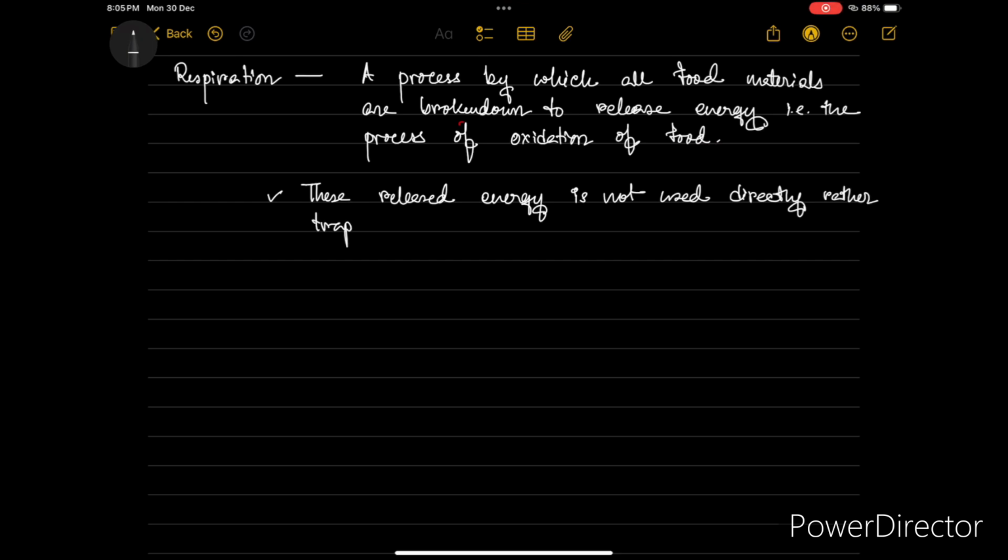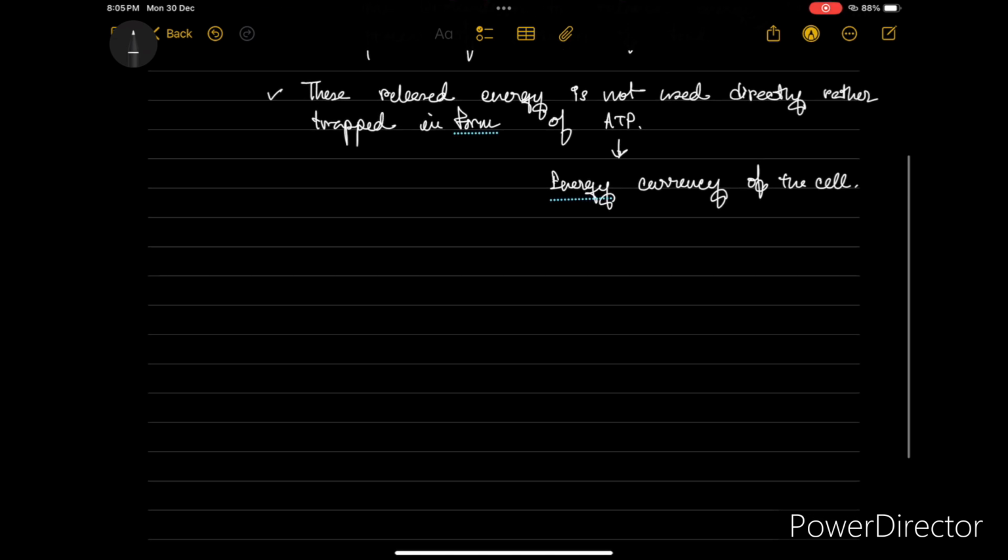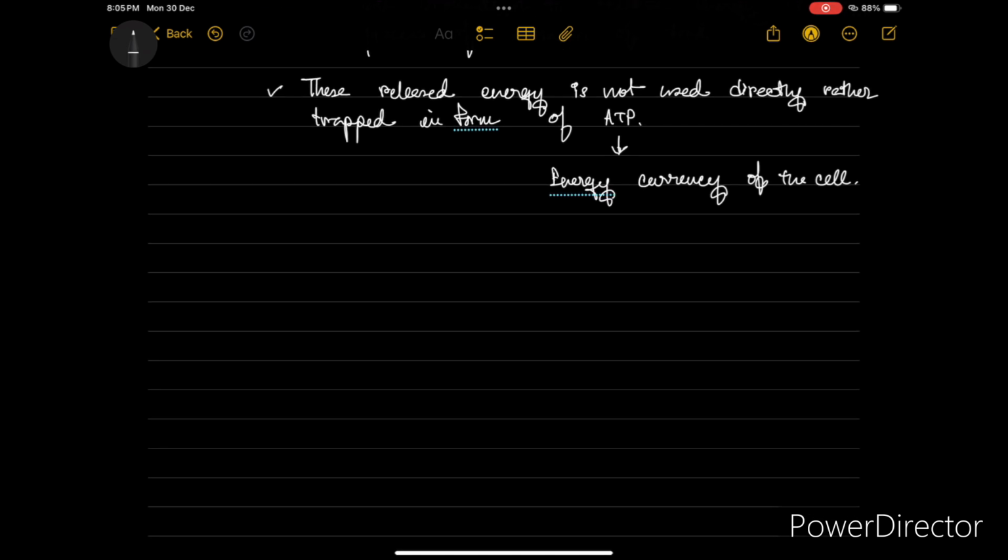So the energy which is actually released due to respiration is not used directly, right? Rather, this energy is trapped in the form of ATP, which is utilized for the different metabolic, biochemical, physiological and cellular processes of the cell. And this process of release of energy is never a single-step process, right?